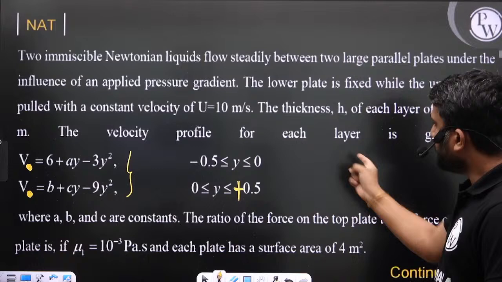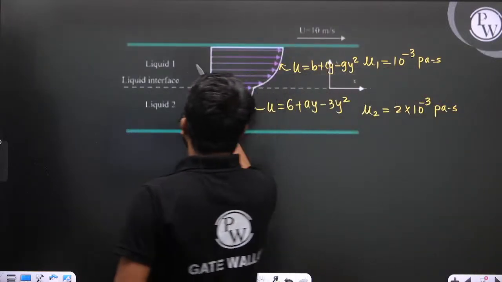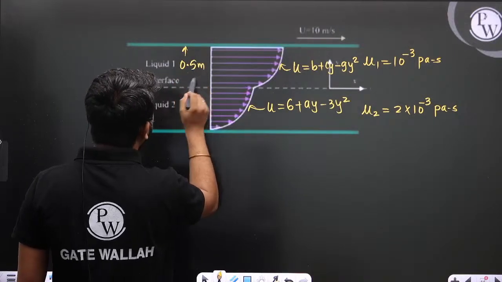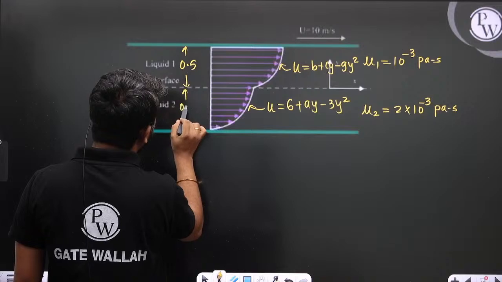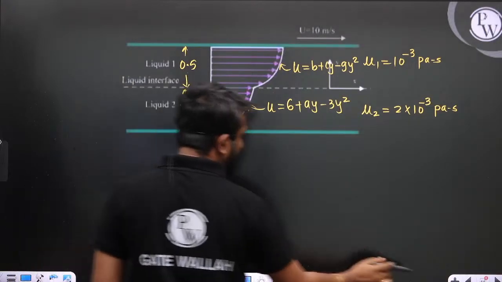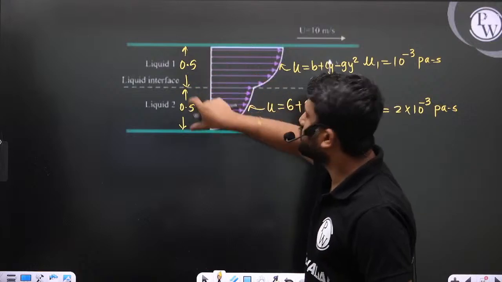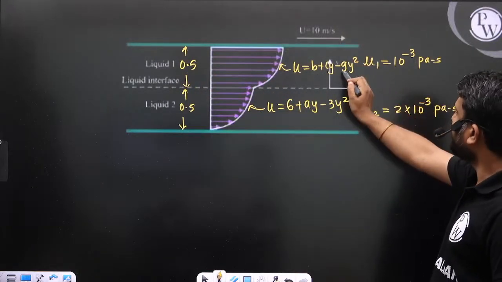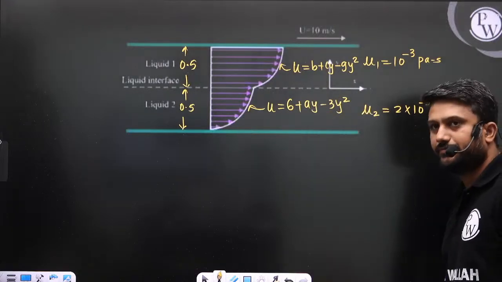This gap is 0.5, and this gap is also 0.5. So 0 to plus 0.5 is one velocity variation, and 0 to minus 0.5 is the other.